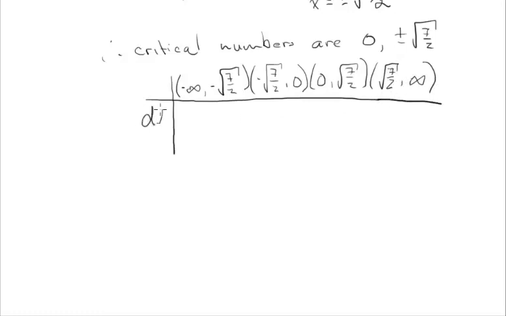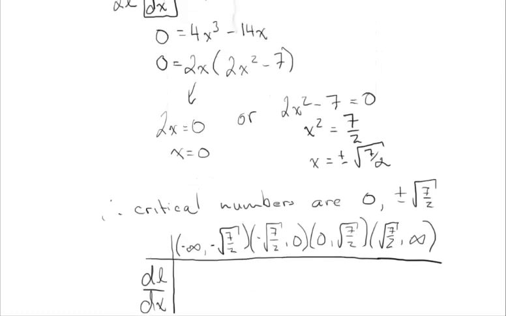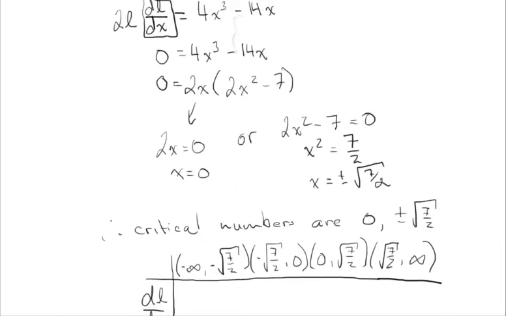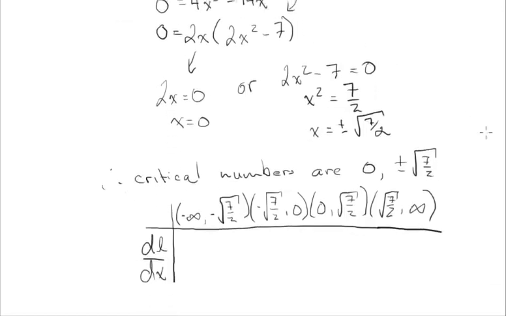This would be dL by dx. So we have to go back to the derivative function. So that'll be this one here. And remember, this is always going to be positive. So we're not really even going to worry about this. We're just looking at this thing here, which factored to this. So this is what we're looking at. So if you take a number here, sub it in to this equation, you would get a negative number.